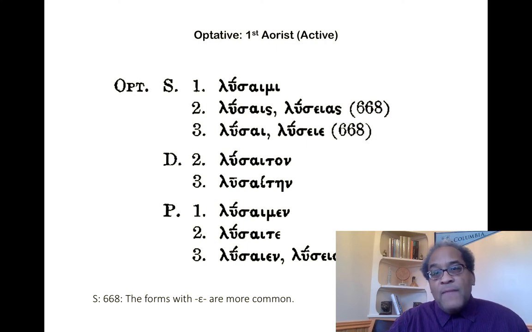But you also have the secondary forms, luseias, luseie, luseian, and I shouldn't call these secondary because they are actually more common as your forms of the optative than the simple alpha iota forms. But you do have to do some work here to apprise yourself of these. But again, they're pretty easy to spot when you come across them.